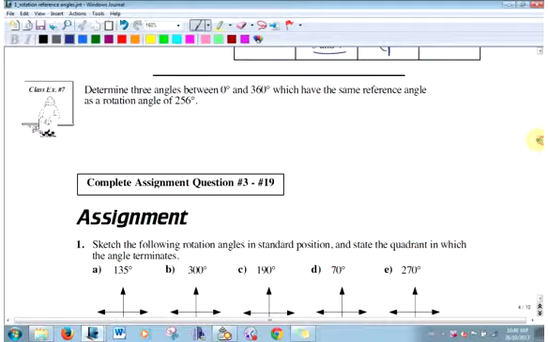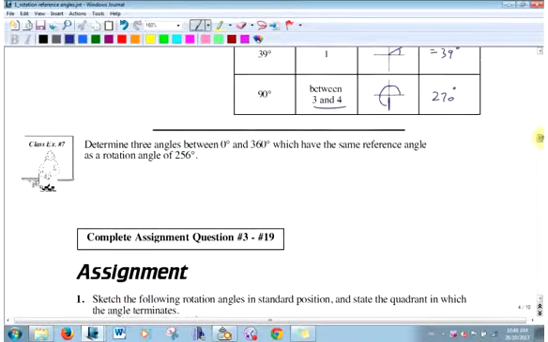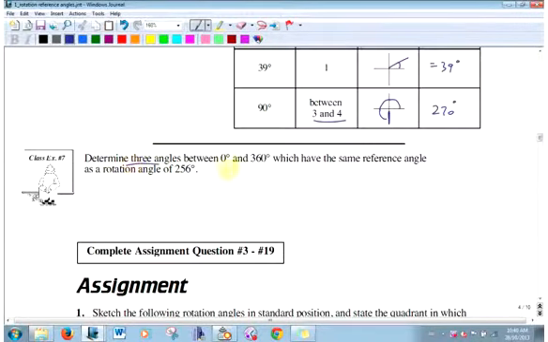Last thing, determine 3 angles between 0 and 360 which have the same reference angle as a rotation of 256. A picture is worth 1,000 words. So draw it. Where's 256? 90, 180.